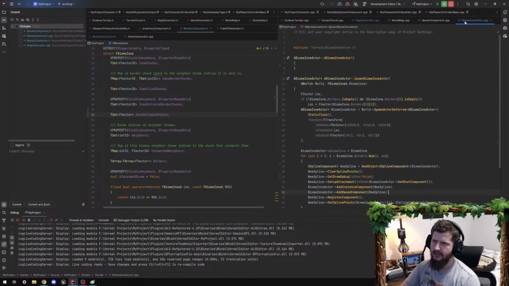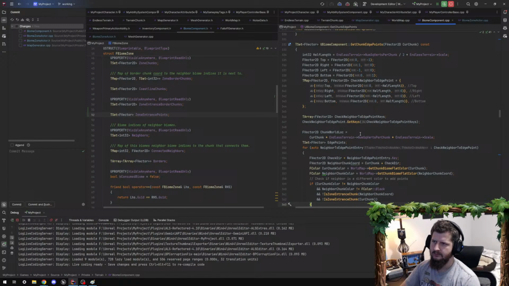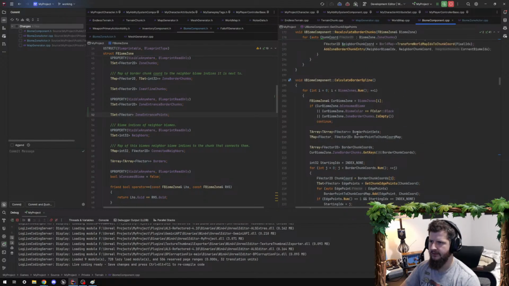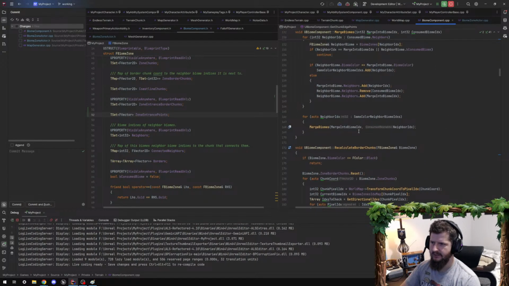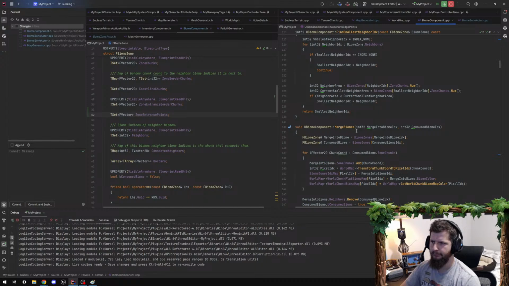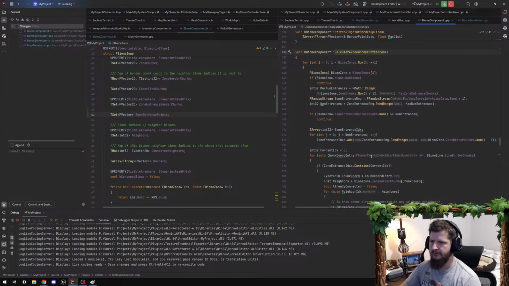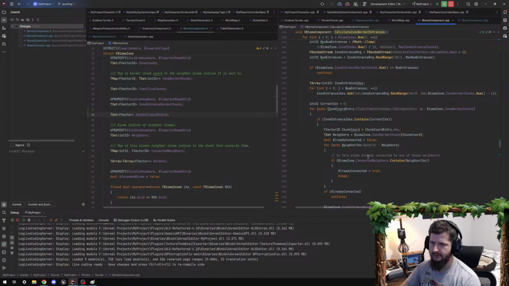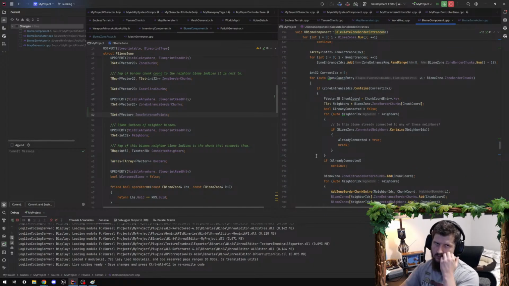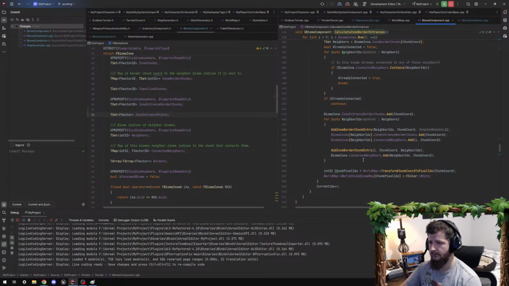Let me check out where I'm calculating a lot of border splines, and then calculate zone border entrances. So I determine which chunks are which, and I think I should also determine here which points are which as well.